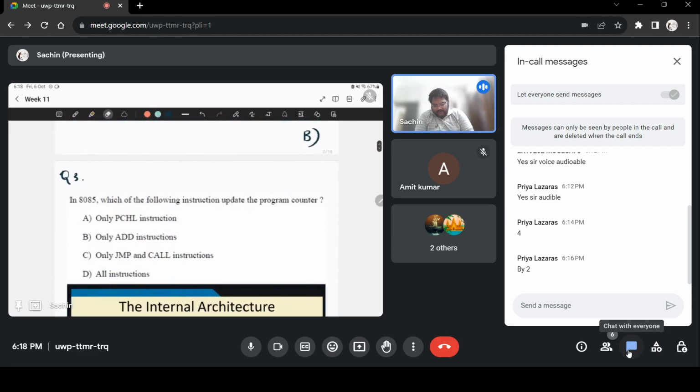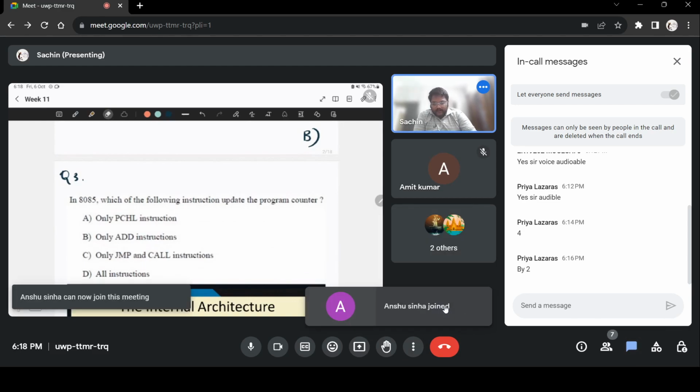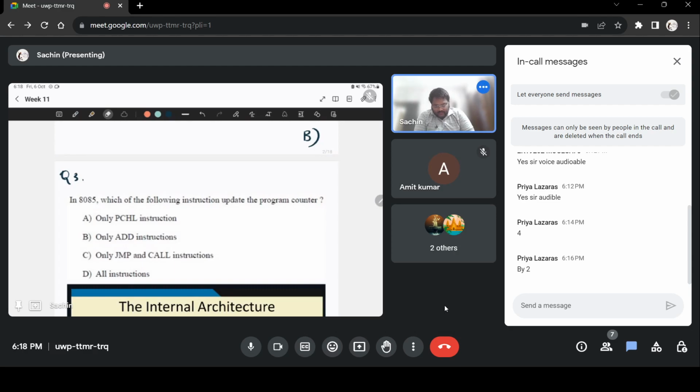Okay. In 8085, which of the following instructions update the program counter? Is it PCHL instruction, only add instructions, only jump and call instructions, or all instructions? What do you think?